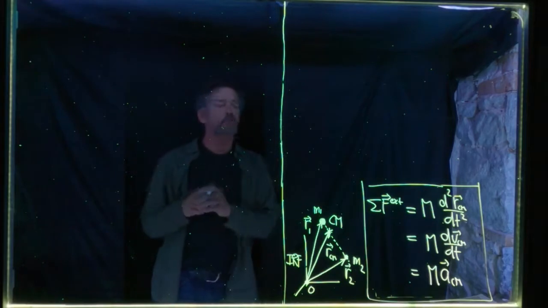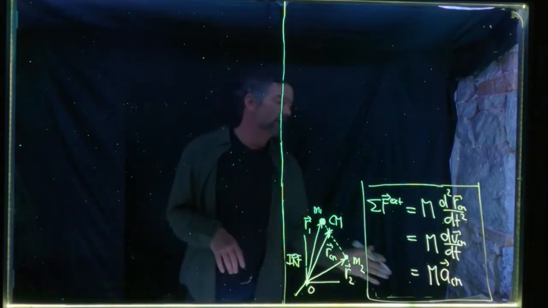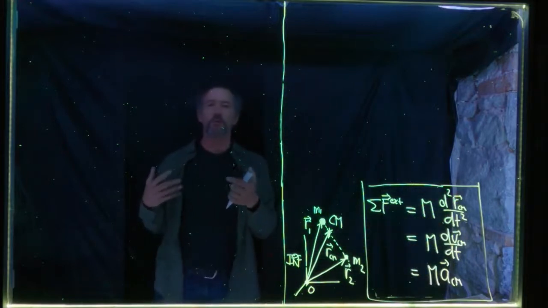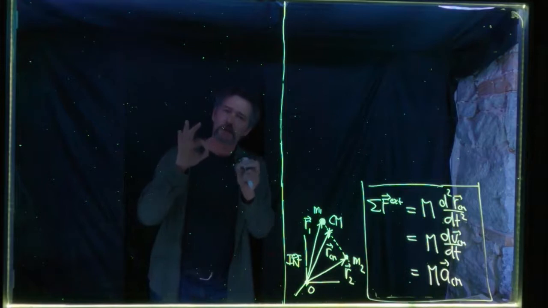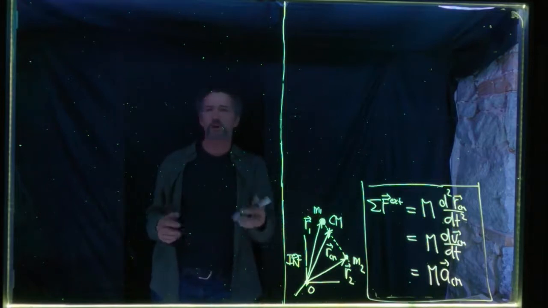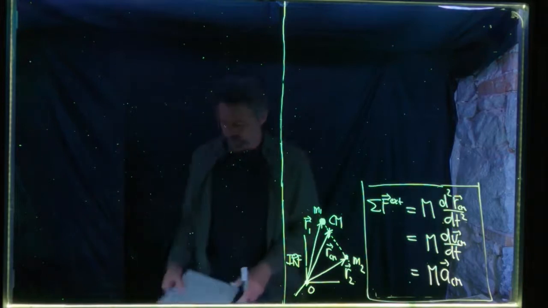Okay, so let me give you another illustration of the application of these really important ideas of the motion of the center of mass of a system of particles under the action of external forces. And this is the classic example of the person in the canoe. So it looks like this.